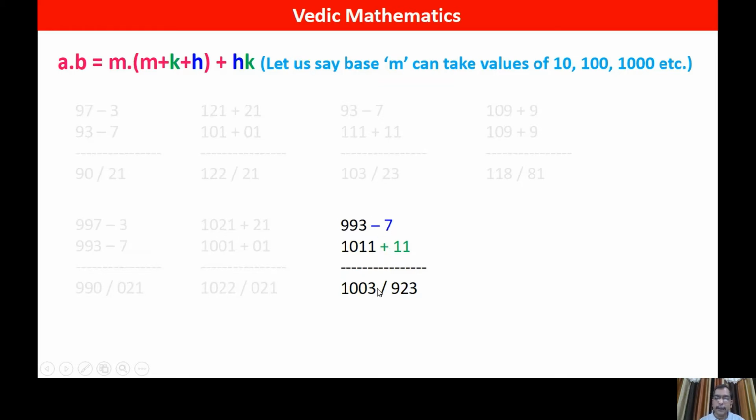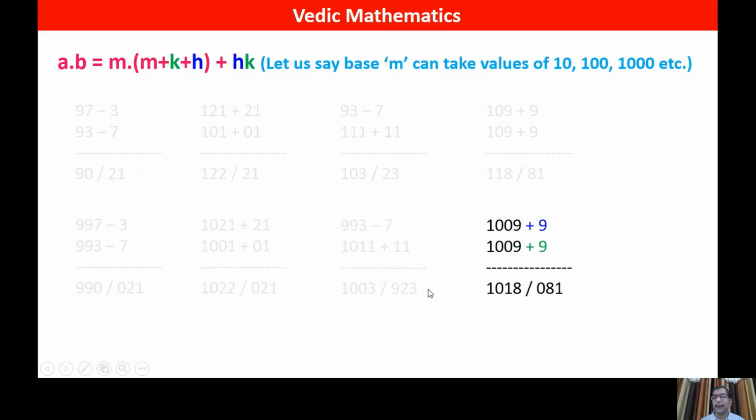So from 1004 you take 1 here, it becomes 1000, 1000 minus 77 is 923. So your answer for this calculation is 1003,923. So easy.